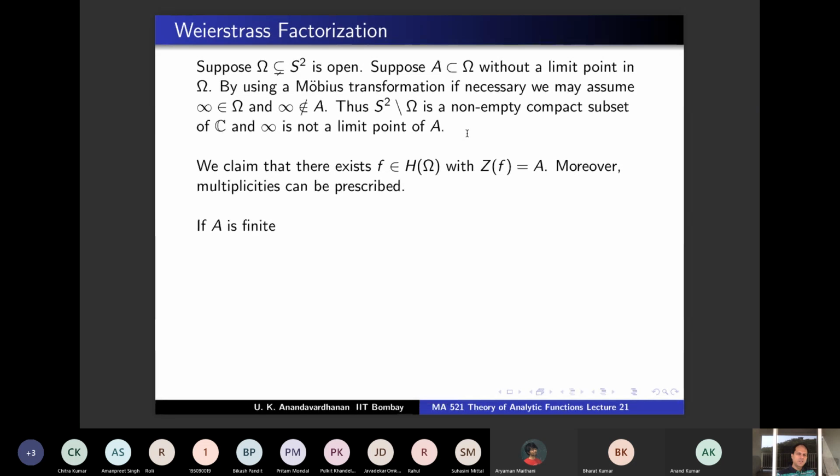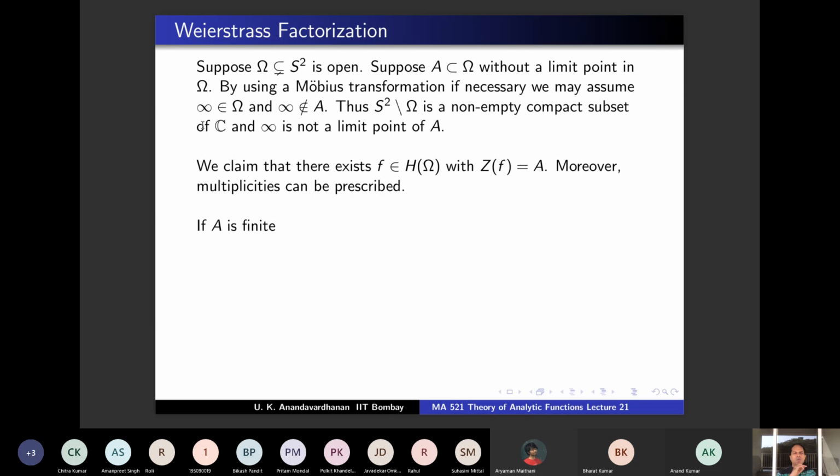So if A is finite, then there's nothing much to do. If A is a finite set, then what will you do? You want a polynomial.